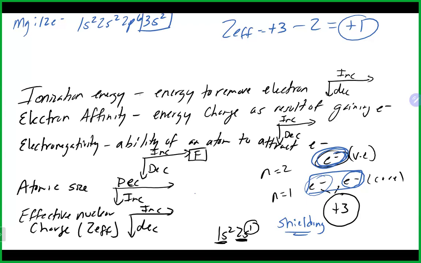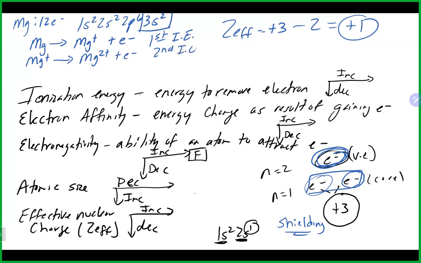In the case of magnesium, it will first lose 1 electron. We show that by the electron being on the product side of the arrow, being given off. This is the first ionization energy: a certain amount of energy is needed to remove that first electron. Then the ion with a +1 charge will drop off another electron, which is the second ionization energy.